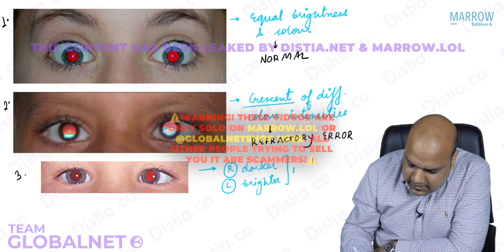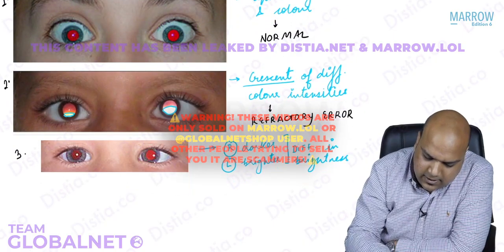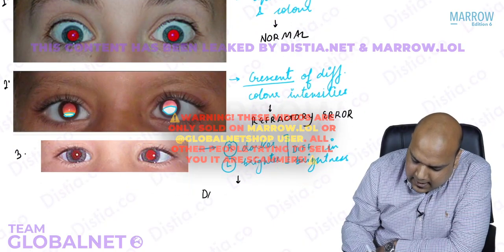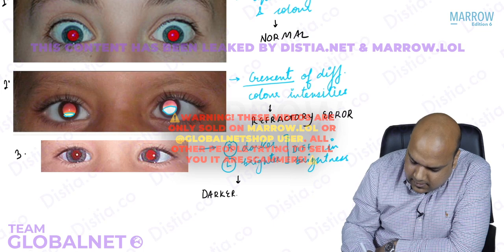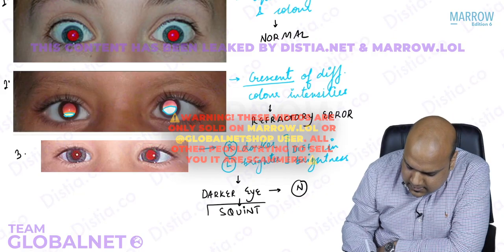So I can say difference in brightness. Yes. In such a case, what is our diagnosis? Darker eye is normal. That means the other eye has squint.